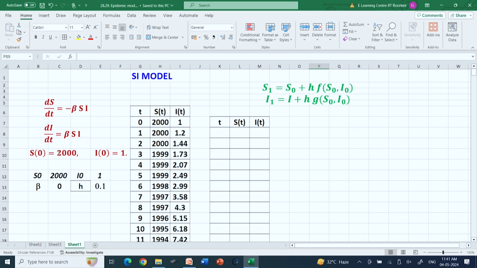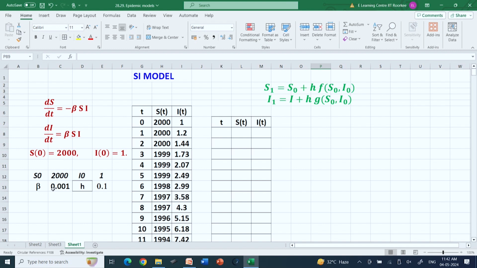Initially I am choosing the value of n to be 2000 and only 1 infected, and the value of beta, it is not 0, it is 0.001. This is your initial value for the susceptible, the initial value for infected. So, let us put the time at 0, this value is 2000 and this value is 1.